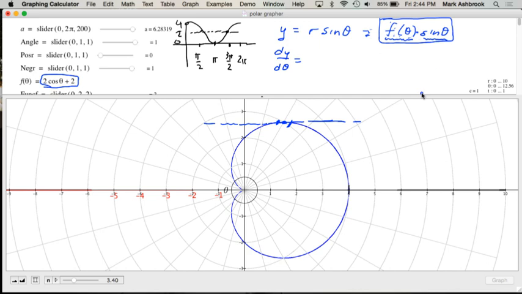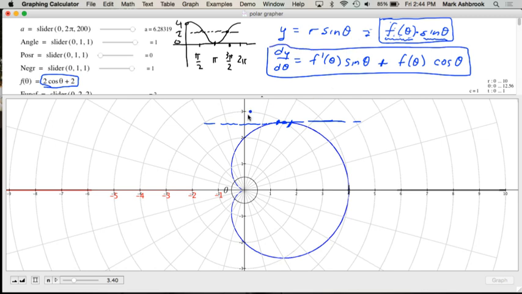I've got my function of theta, which is our curve, and y is always r sine theta. So I gotta use the product rule. Derivative of the first times the second plus the first times the derivative of the second, which is? So this will always be true, because I did the generic case of f of theta. That's always going to be true for dy d theta.